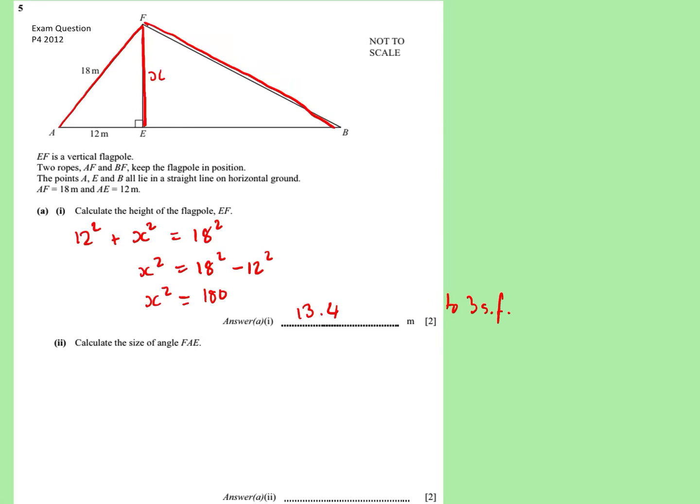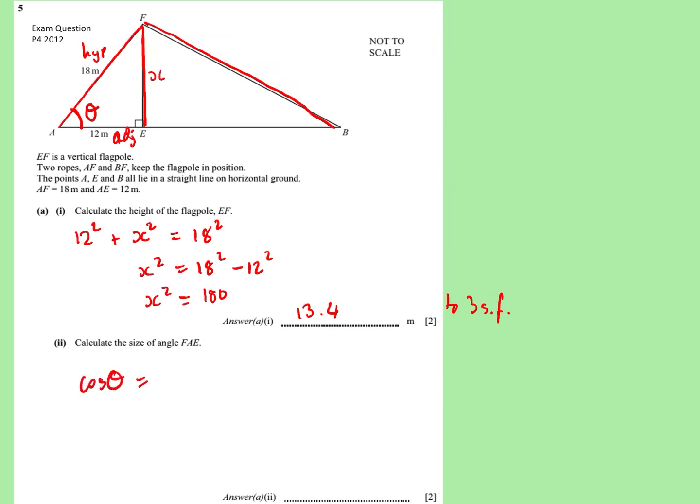Okay, calculate the size of angle FAE. Now that's a trigonometry question. FAE, so this angle here. So we've got to name everything. 18 is the hypotenuse, 12 is the adjacent, so it's going to be a cosine.